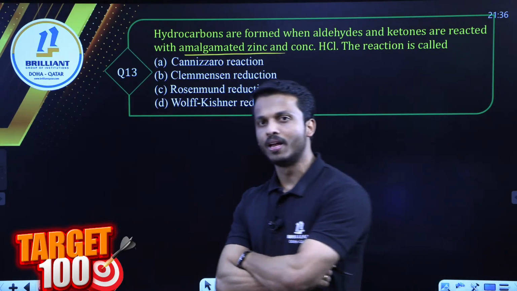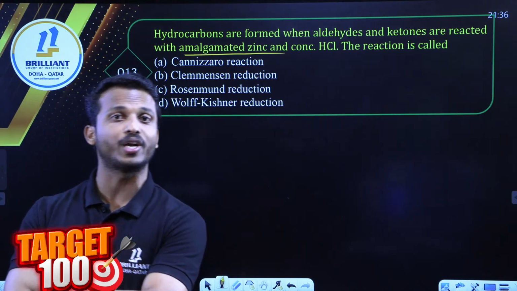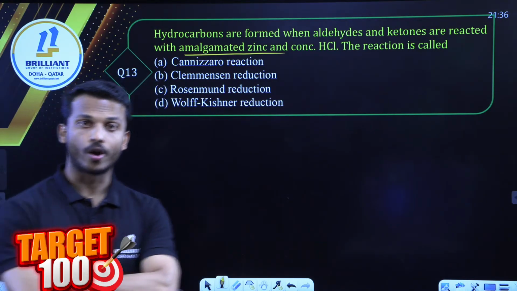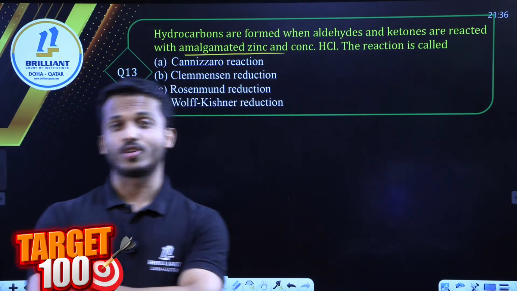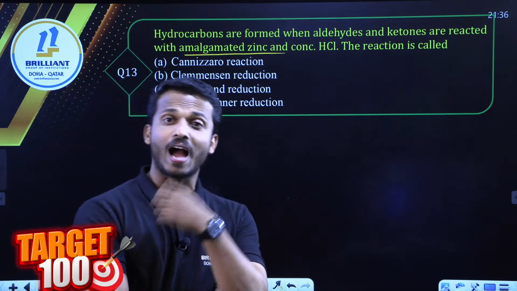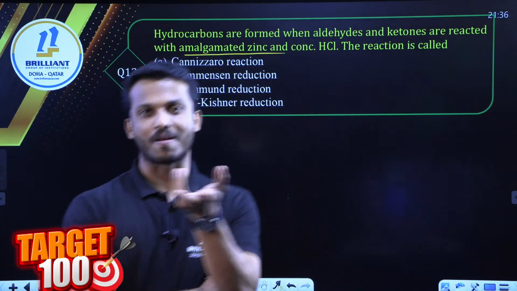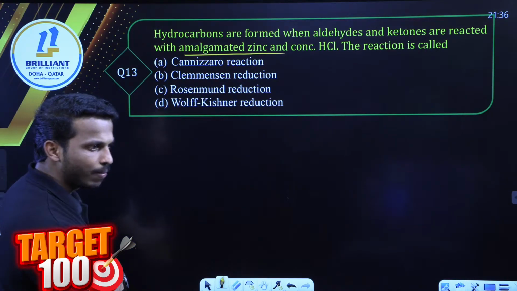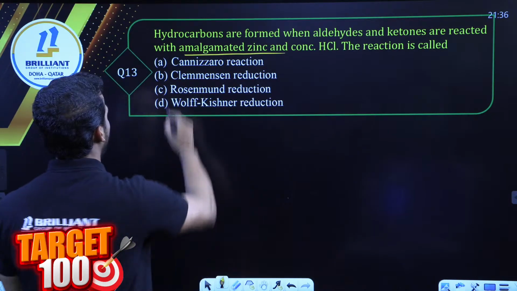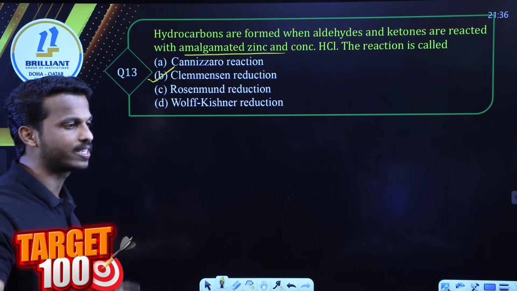Zinc amalgam reacting with an aldehyde or ketone will give you a hydrocarbon. Propanone, when treated, gives propane. Butanone, if you treat it, gives butane. Like that, any aldehyde or ketone can be converted into its hydrocarbon with the help of which reaction? Zinc amalgam, which one? Excellent. Clemmensen reduction.